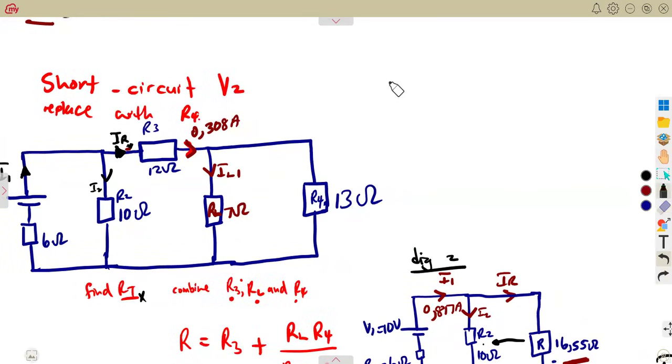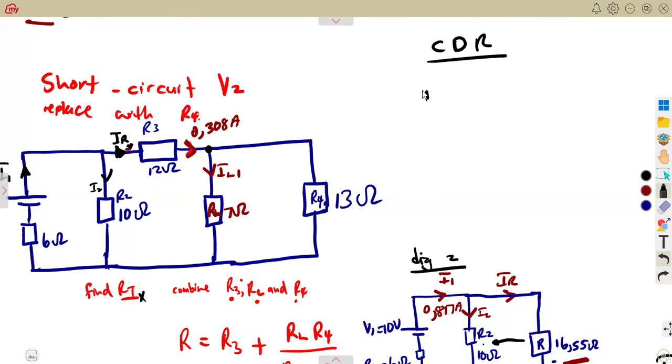We can see that from our current divider rule, this current is now subdivided, as we can see at this junction. Another one is going to be entering here, which is in the load. Another one is going to be entering R4. These two currents are divided from IR, which now acts as our total current.